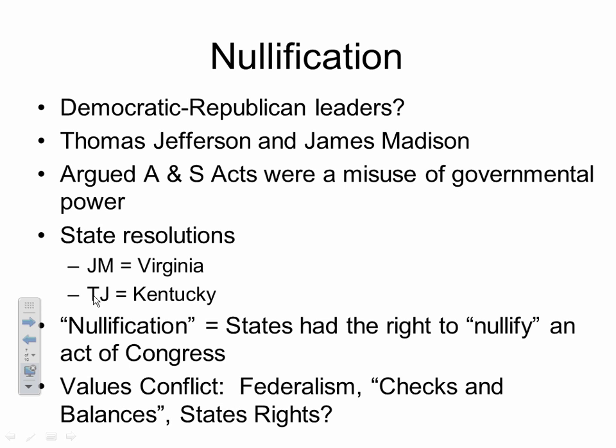Thomas Jefferson started representing Kentucky, a new state in the Union, and basically started drafting papers providing these states the argument for the right of nullification, which meant that a state could nullify an act of Congress. Well, that is a brand new idea here, all right?